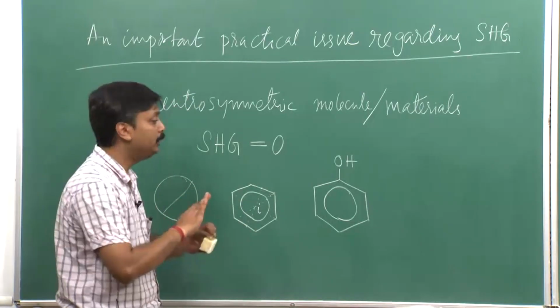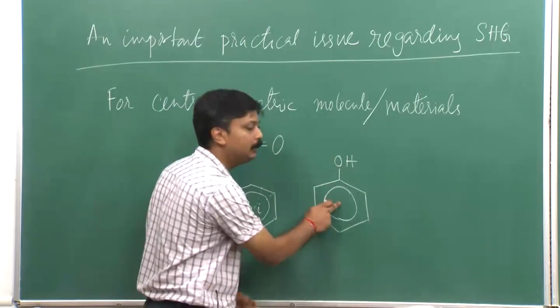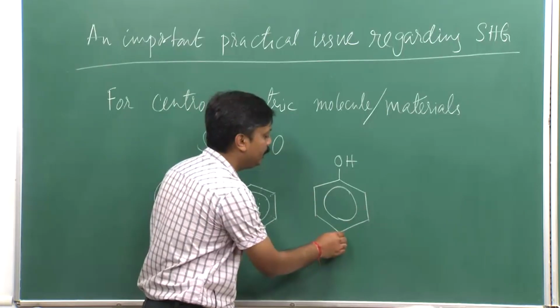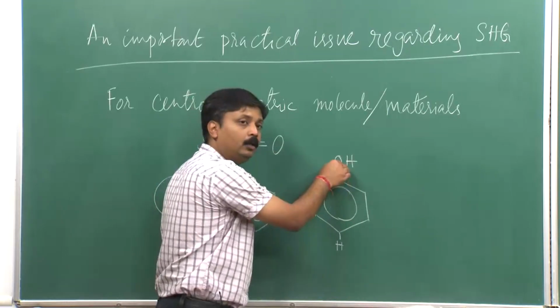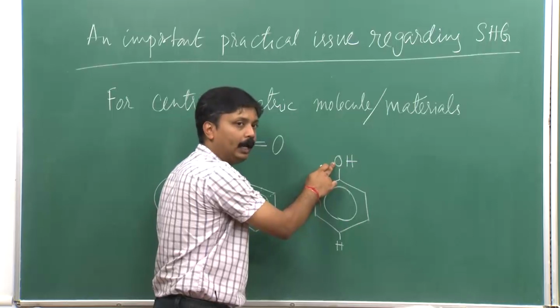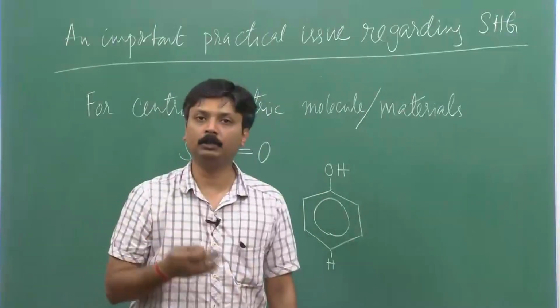A material which does not have a center of inversion is non-centrosymmetric. For example, this molecule. If I start from here where there is a hydrogen, I will not reach another equivalent hydrogen here. Instead, I will see an OH group. Okay. So, this is not a centrosymmetric molecule.